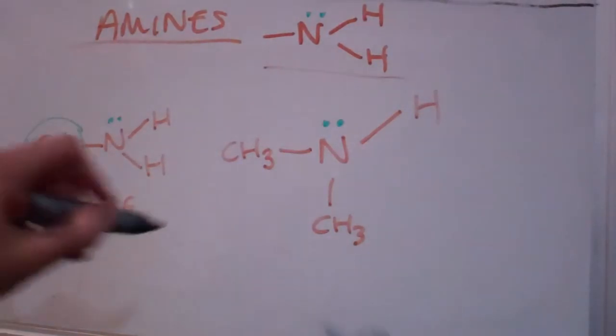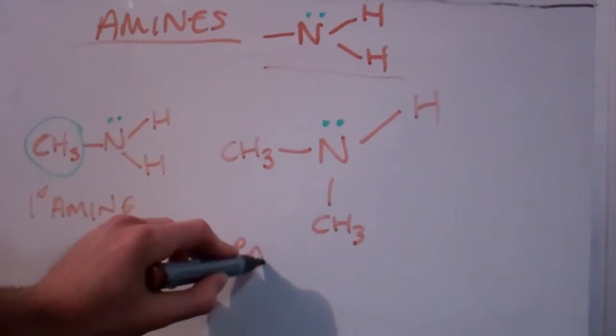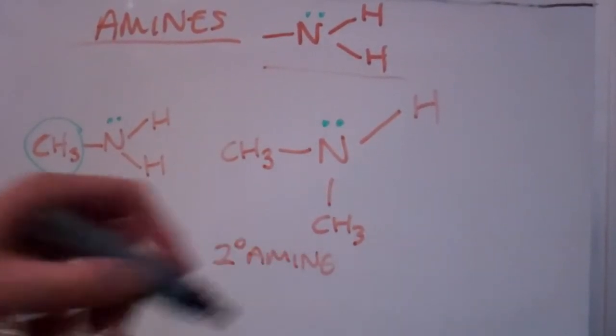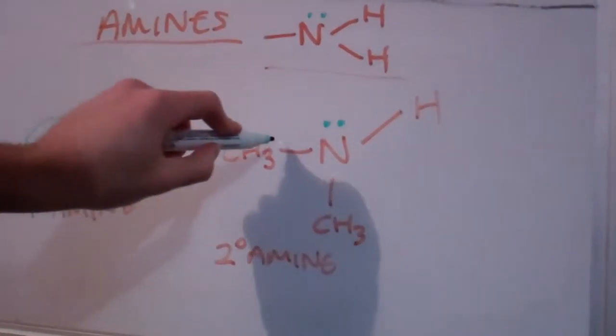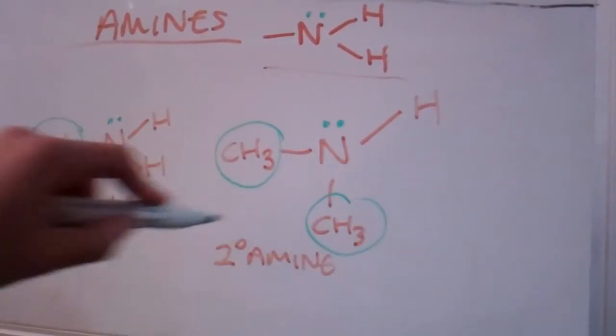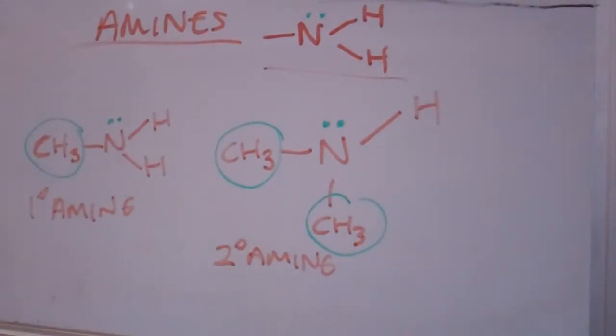This is a secondary amine. The reason it's a secondary amine is because we have got 2 methyl groups attached to the nitrogen. Okay. So that's a secondary amine. 2 carbons attached to our nitrogen.